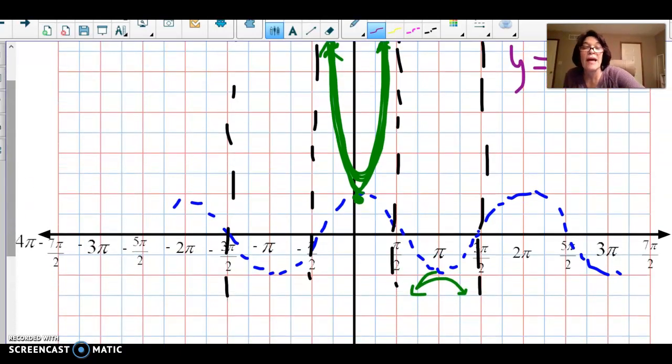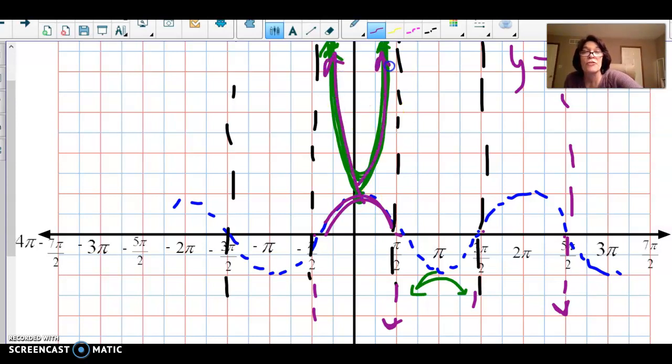As we said before, everywhere where cosine is 0, all these odd pi over 2's, that's where secant has the vertical asymptotes. Okay? And then we take these little parabolas of cosine and we flip them because secant is the reciprocal of cosine.